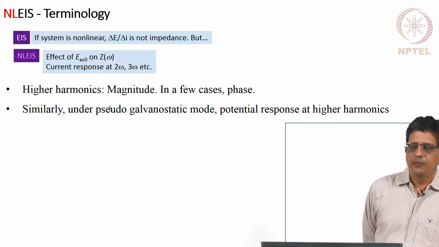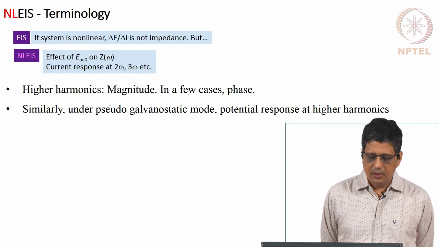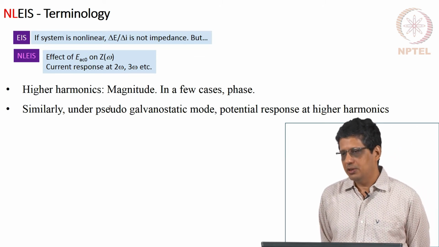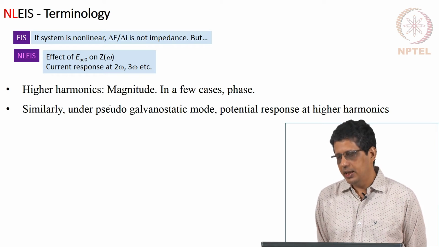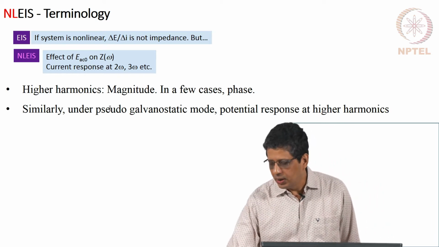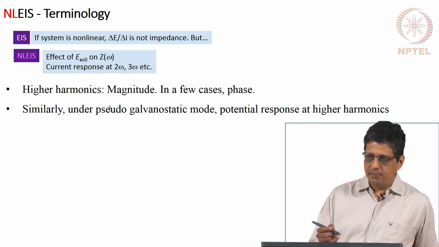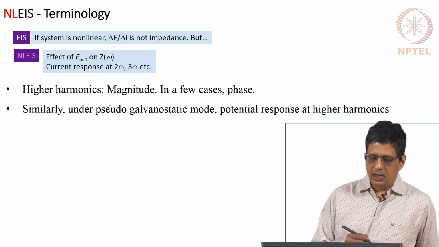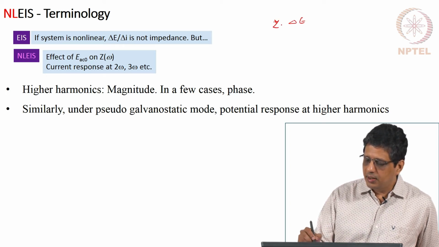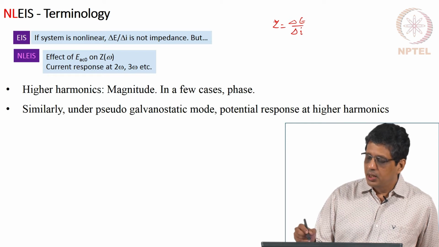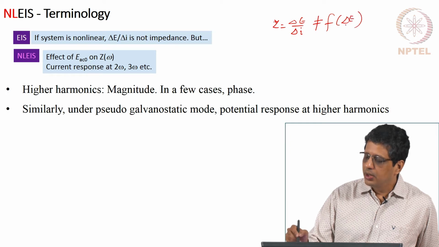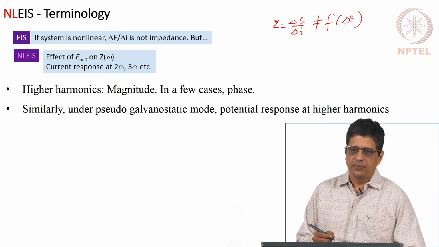First, impedance is basically the vector ratio of potential to current. We apply a small amplitude perturbation del E, and we monitor the change in current del I, and that is differential impedance. We normally call it impedance. And that ratio of del E by del I is not a function of del E, that is the assumption.